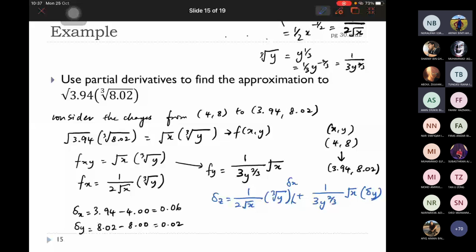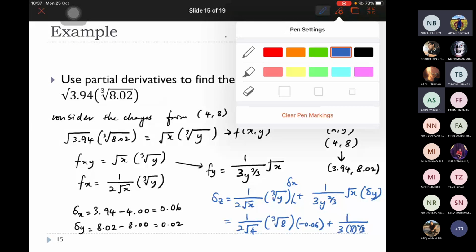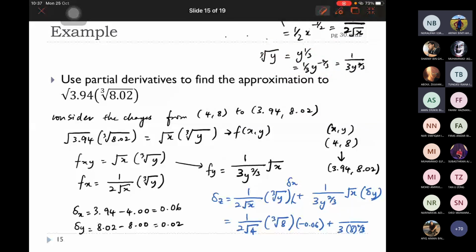Dan ini delta X. So dapatlah 1/2 set 4 punca kuasa 3 8 negatif 0.06 tambah 1/3 8 kuasa 2/3 didarabkan dengan set X. In this case, your set X is set 4 darab 0.02. So kalau awak dapat kira dapat changes in Z is negatif 0.027.